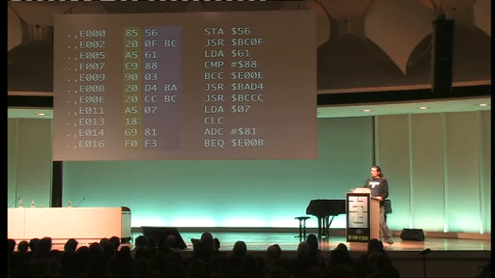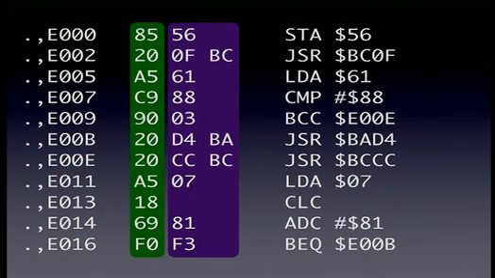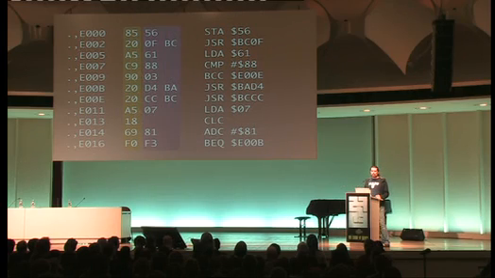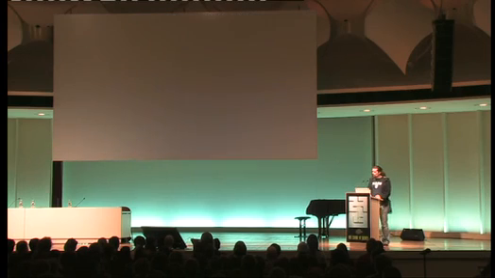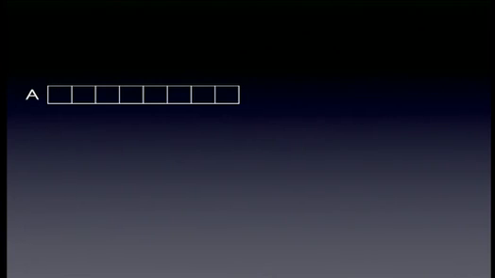And it goes up to 3 bytes for the jump to subroutine, which has a 16-bit address after it. You can see an interesting thing here in the first line already. Store $56. It stores something in memory. Memory is 16 bits wide, 16 bit addresses. But in this case, because it's in the first page of memory, there's an extra encoding, which makes the instruction shorter and even faster.